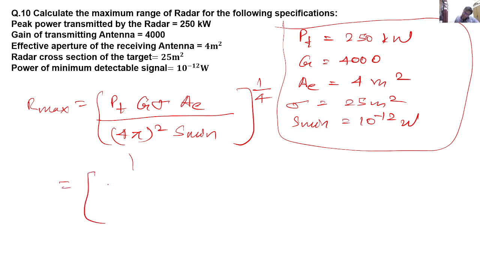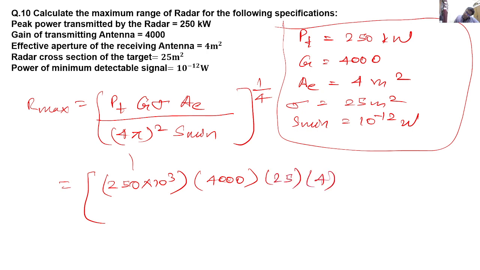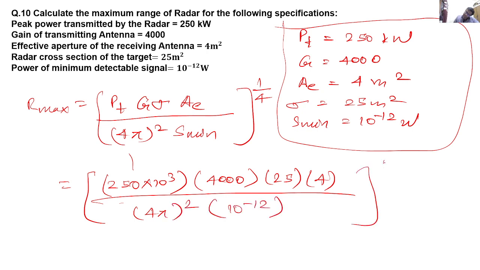So it comes out as 250 into 10 power 3 times 4000 times 25 times 4 by S min, 10 power minus 12, times power 1 by 4. So R max comes out to be 158 kilometers.